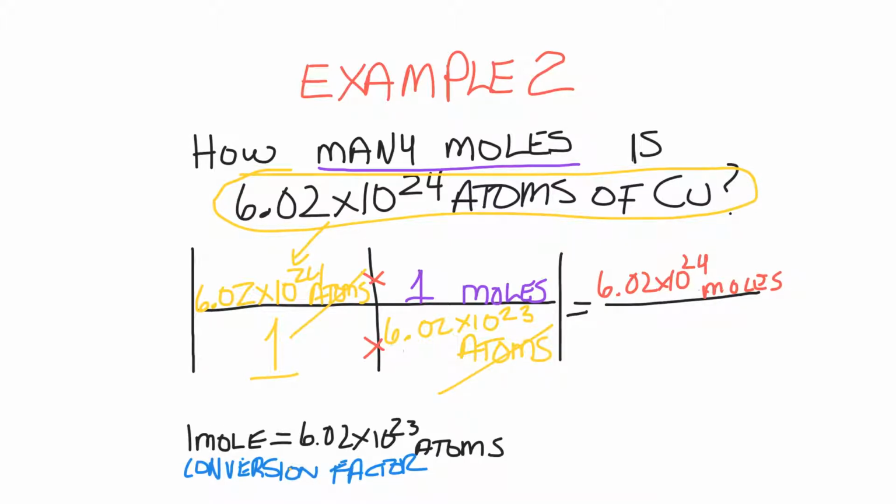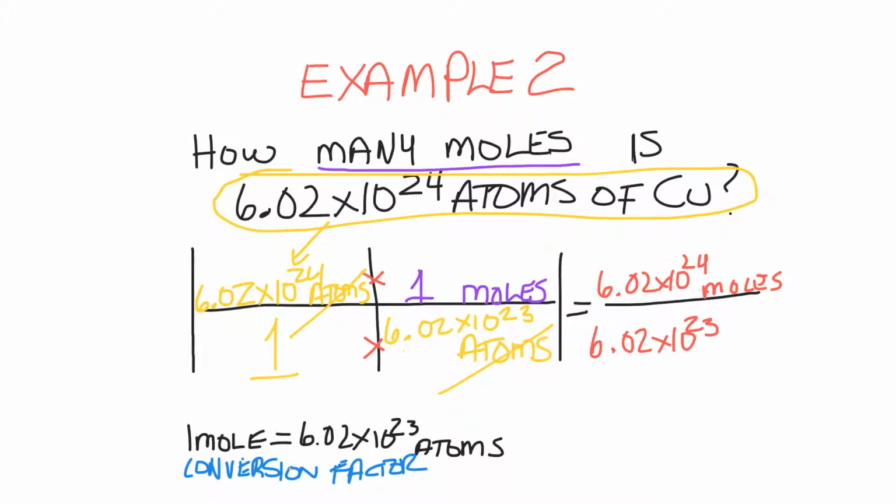And then the last thing we do is 1 times 6.02, and so we write that here, and that's just 6.02 times 10 to the 23rd.